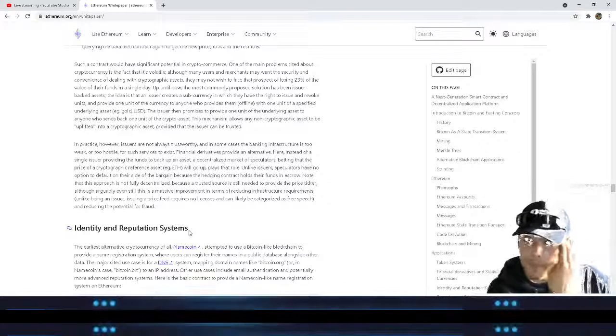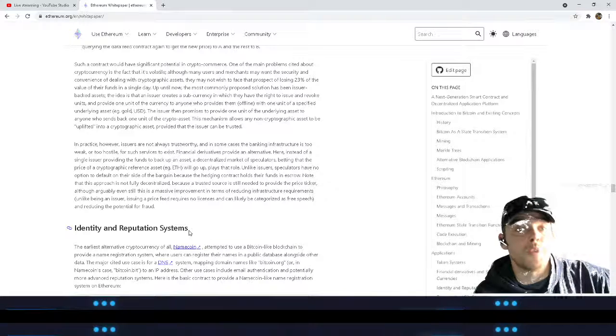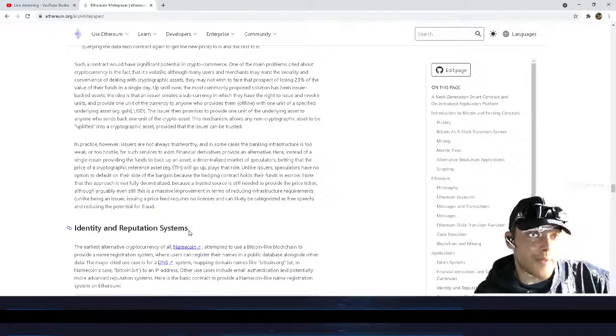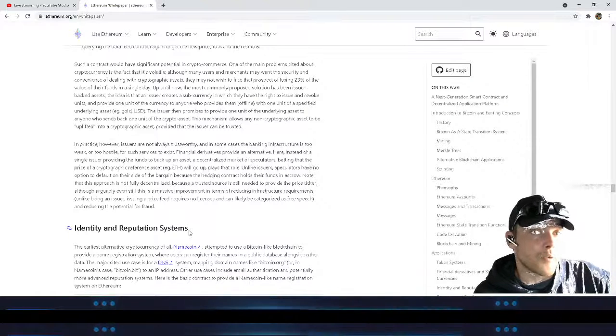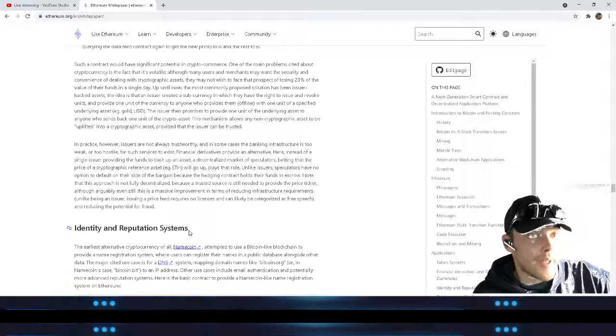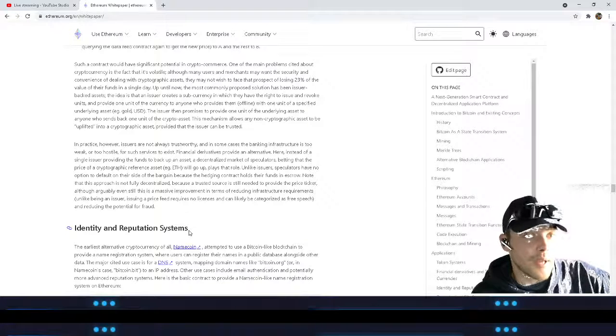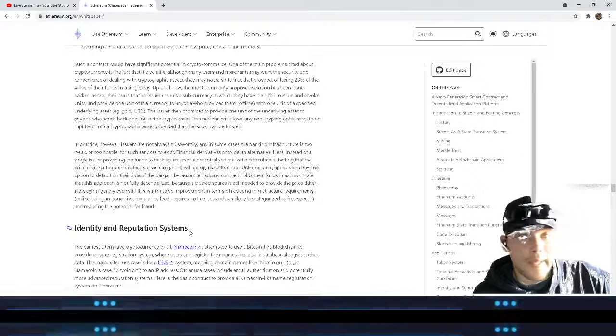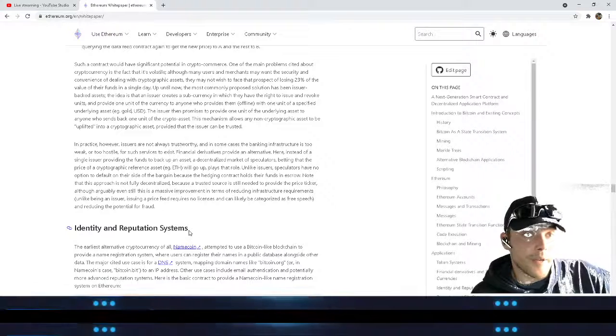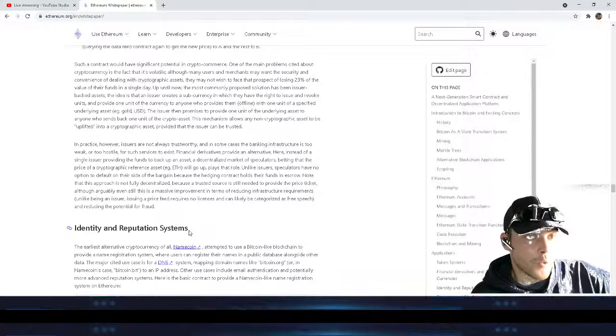Up until now, the most commonly proposed solution has been issuer-backed assets. The idea is that an issuer creates a subcurrency in which they have the right to issue and revoke units, and provide 1 unit of the currency to anyone who provides them offline with 1 unit of a specified underlying asset, such as gold or USD.